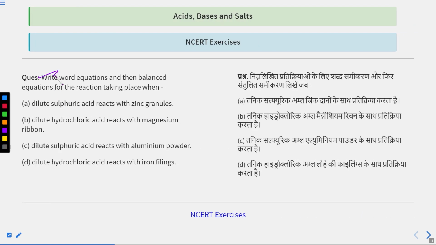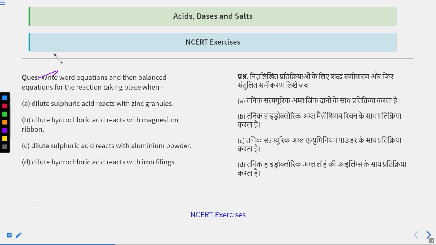The next question is to write word equations and then balanced equations. In the first chapter we introduced how to balance any unbalanced chemical equation, any skeletal equation. So first of all you have to write the word equations, then write the balanced equations for the reactions taking place when dilute sulfuric acid, which is H2SO4, reacts with zinc granules.